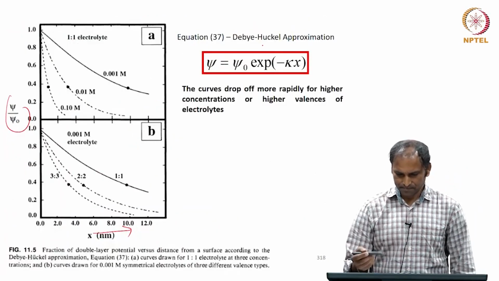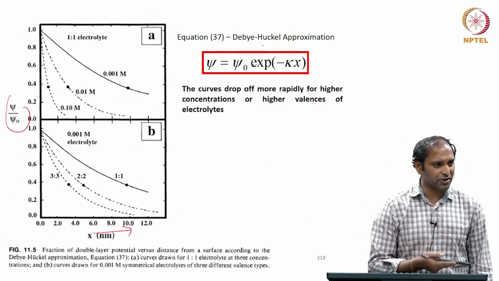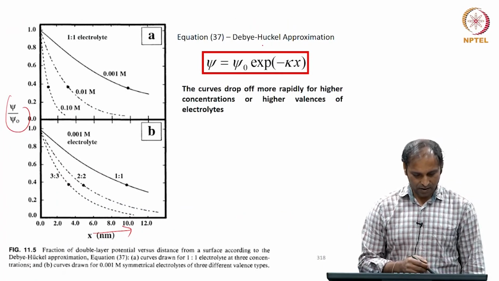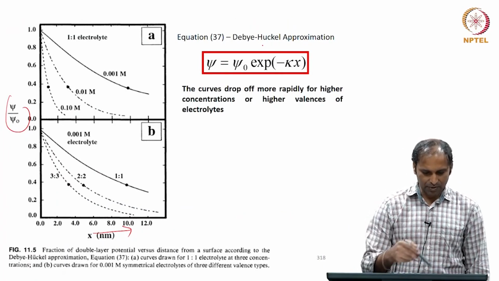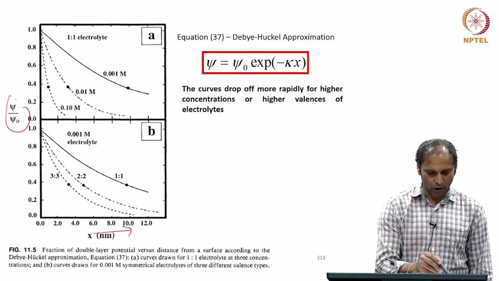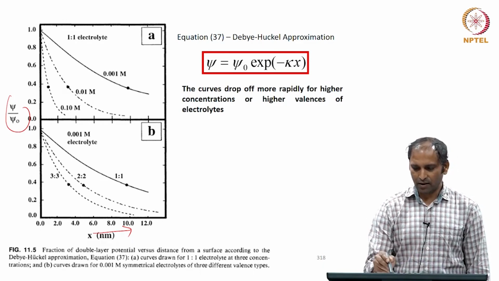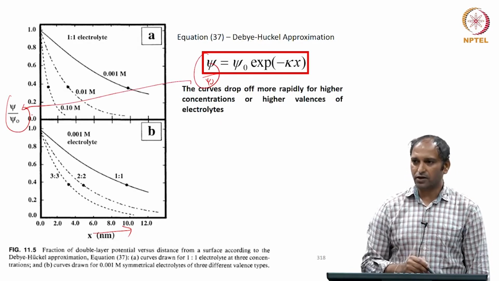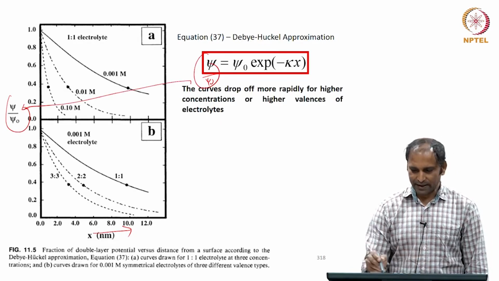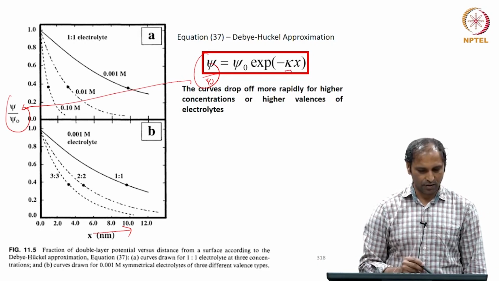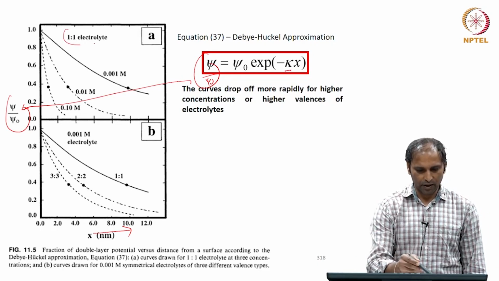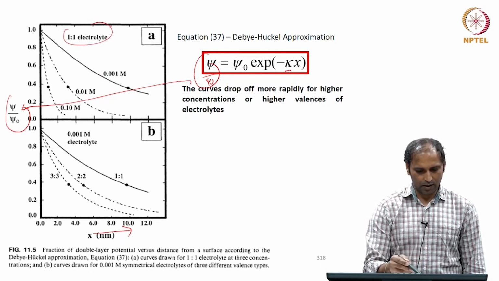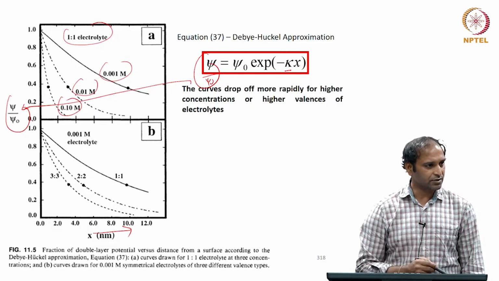So this is again just a plot of whatever I mentioned in the last few seconds. What is plotted is a scaled potential. I can divide this by psi naught, that is what is on the y axis. X axis is your separation distance, for 1:1 electrolyte, and all that has been done is the salt concentration is systematically increased.